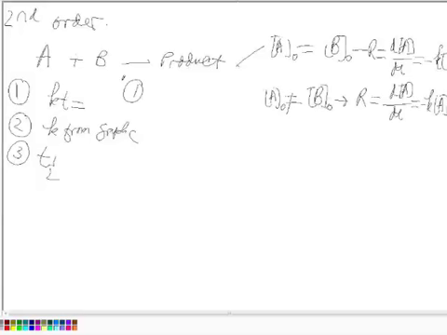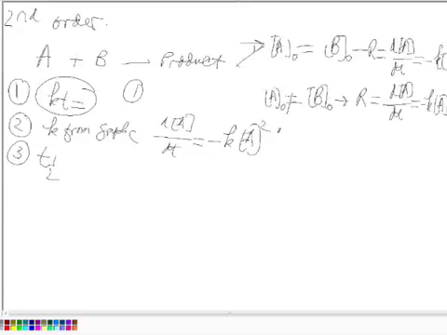We would like to get this equation for Kt, but only for the simple reaction with initial concentration of A equal to the initial concentration of B. So here dA per dt is equal to minus K A squared. Isn't it?